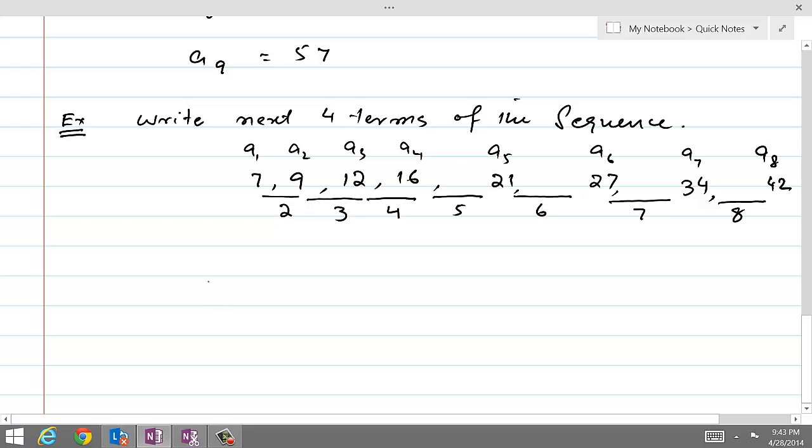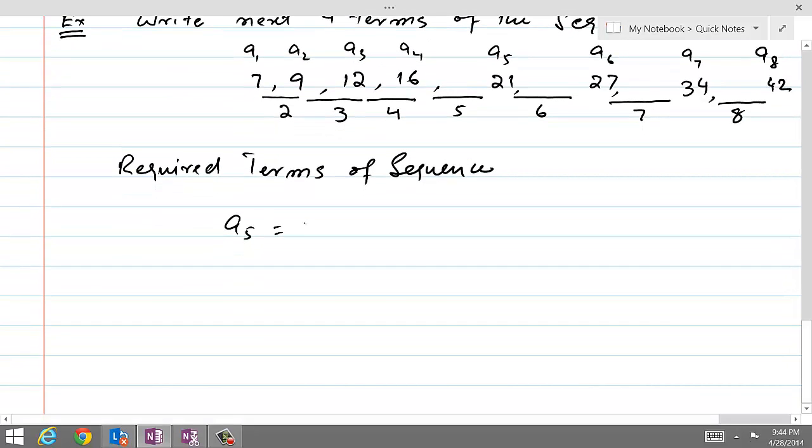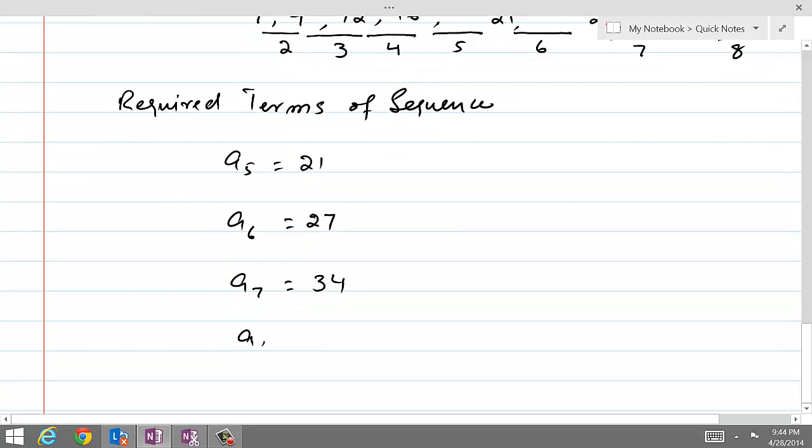So the required terms of the sequence are A5, which is 21, A6, which is 27, A7, which is 34, and A8, which is 42. So these are the 4 required terms of the sequence.